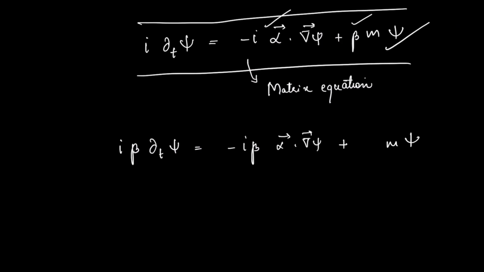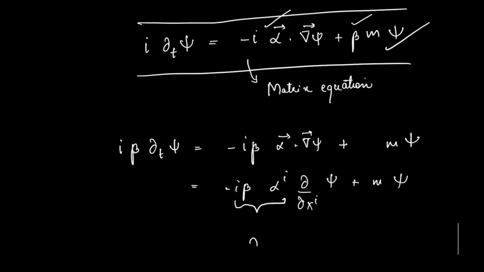Now I give beta alpha i another notation, gamma i, and on the left hand side I have i beta, which I represent by gamma 0.